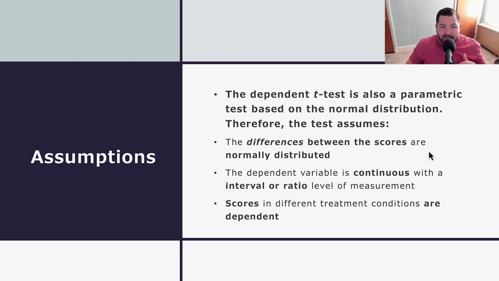So in the independent groups t-test, we talked about how the normal distribution needed to be true for both the experimental group and the control group. But because they're matched or they're related or dependent, we do it a little bit differently. We have to find the difference between the experimental group and the control group, and then you're going to get something known as a difference score, or a D-score.